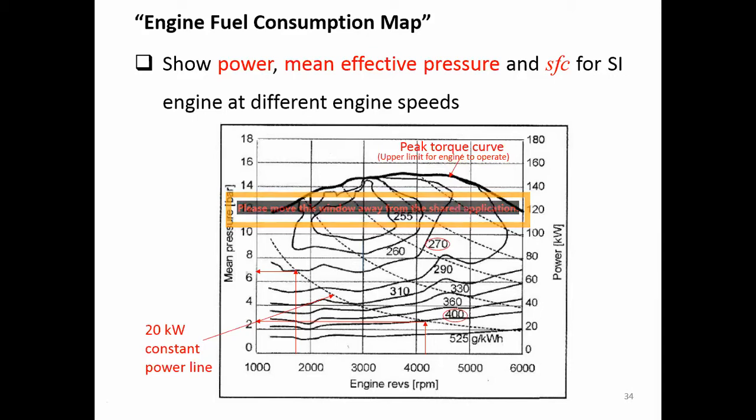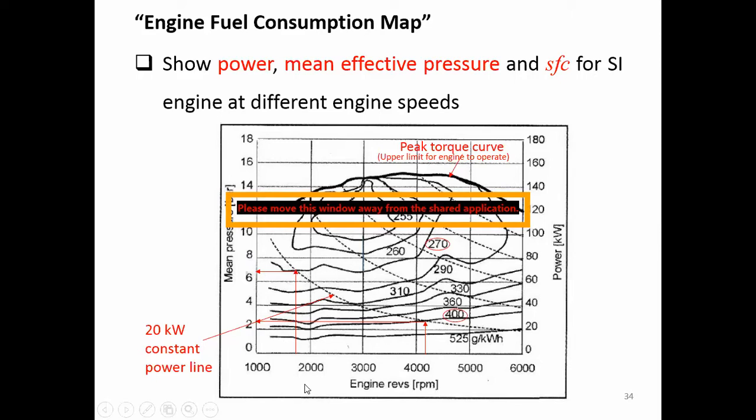For example, if you run your engine at a speed somewhere around 1800, with the mean effective pressure about 7, you can come up with 20 kilowatt.